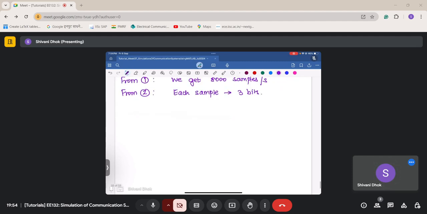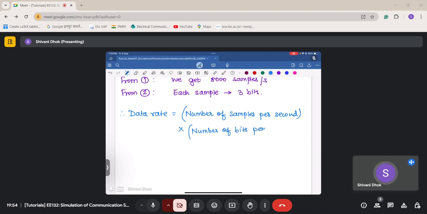Therefore the data rate is the number of samples per second multiplied by the number of bits required per sample. This will give me the number of bits per second.